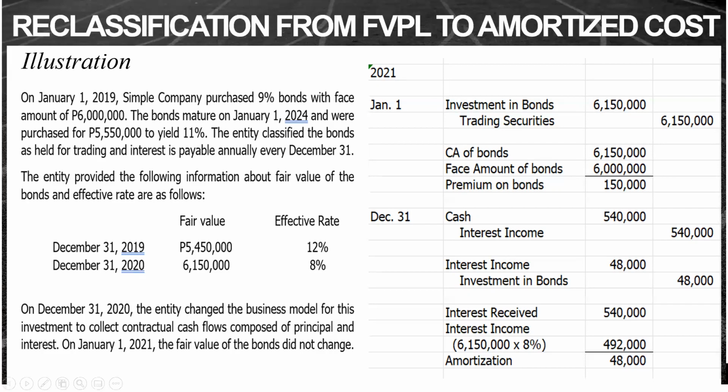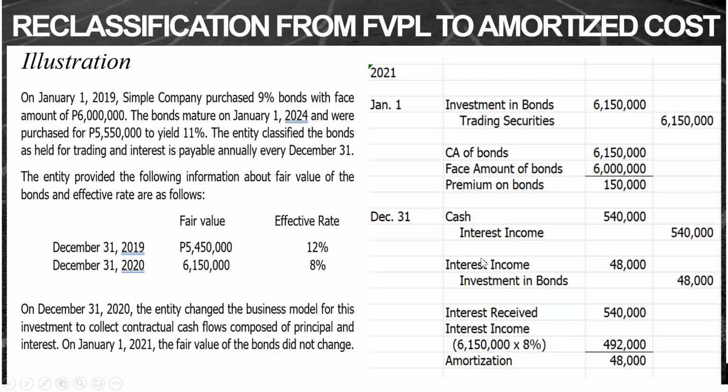So pagdating ng December 31, 2021, we are going to account na for our investment using the rules na ng financial asset at amortized cost. So una, recognize tayo ng ating matatanggap na interest galing sa ating issuer. So debit lang tayo ng cash, credit tayo ng interest income.